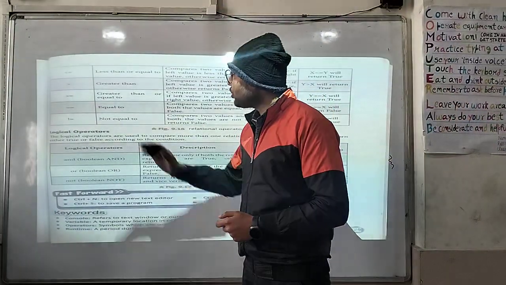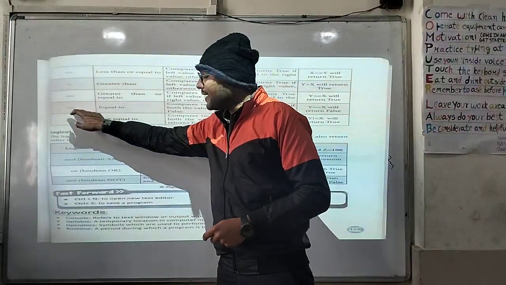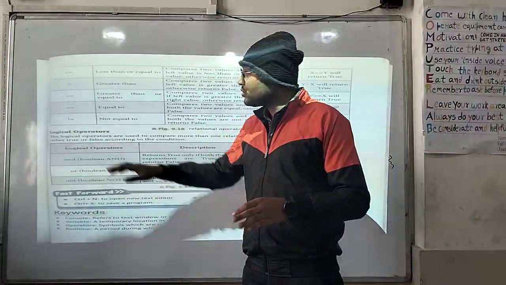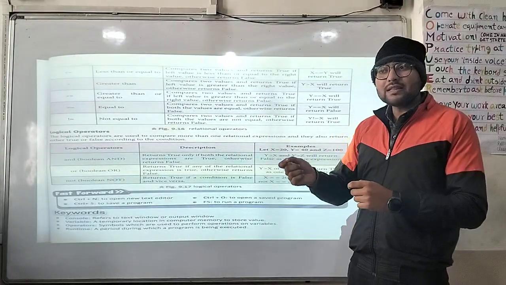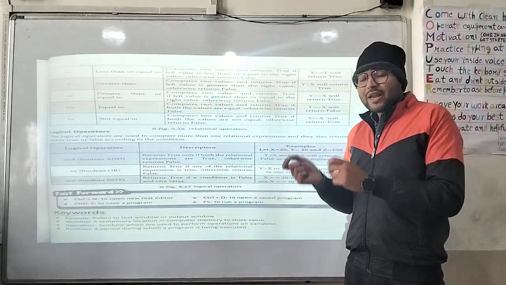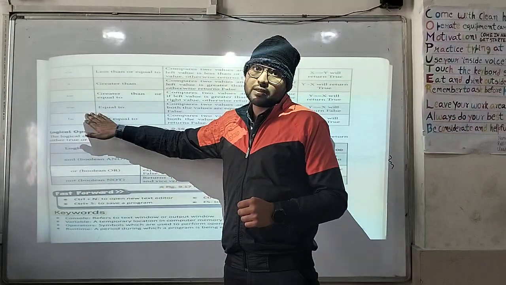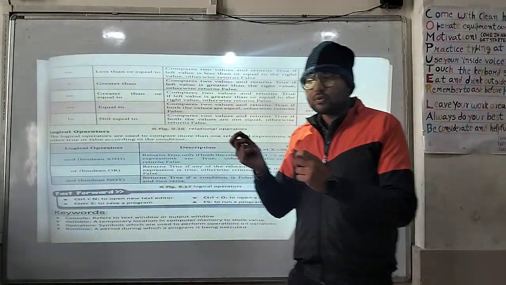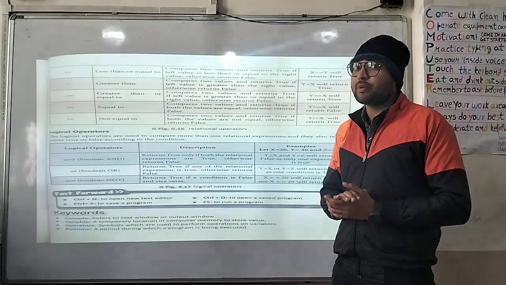And the equal to operator. Here is the double equal to sign, that is what we use in Python for equal to. A single equal to sign is used to assign values to a variable. Double equal to is actually equal to in Python. When we have to compare two values, we have to use double equal to in Python.